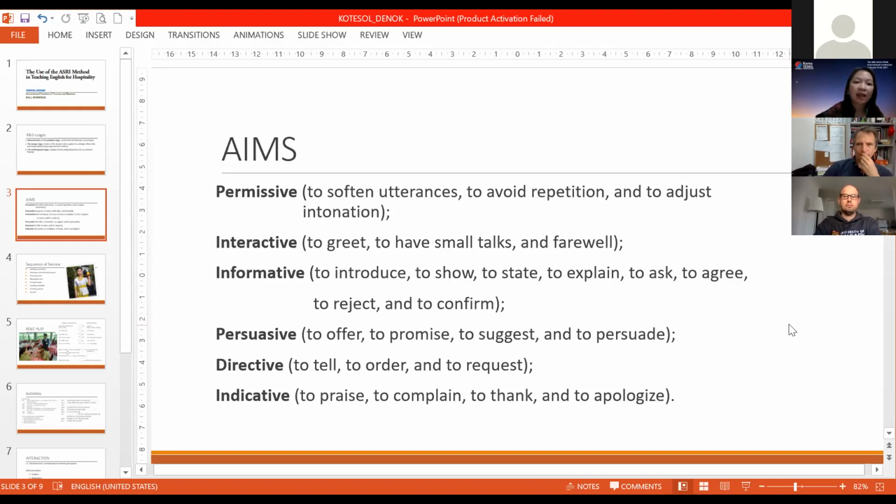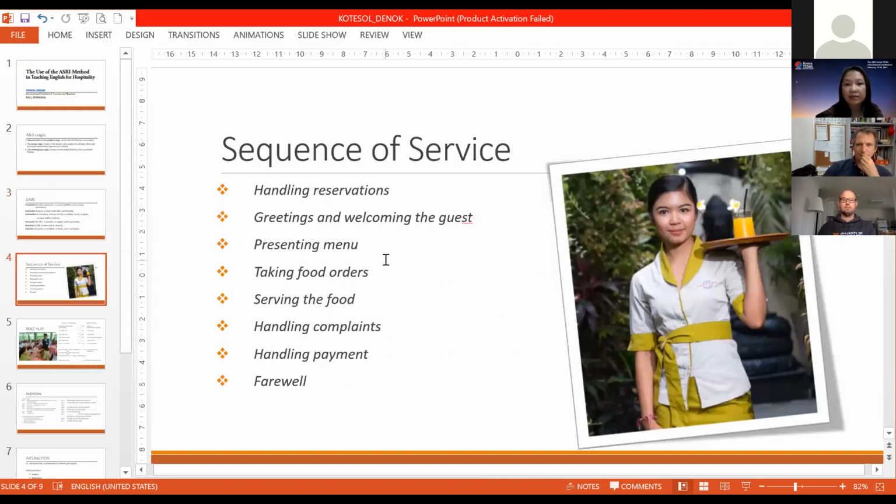So these are the main aims that people use in restaurants, when the waiter serves the guests. And then the second one is the sequence of service. In the food and beverage context, the waiters follow some procedures in welcoming and handling the guests.